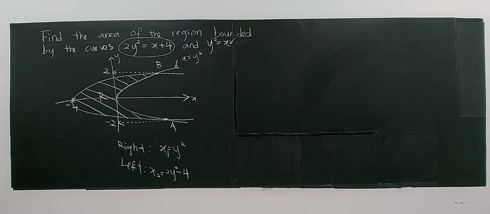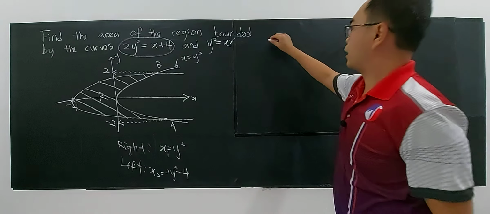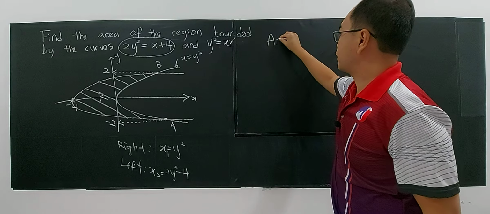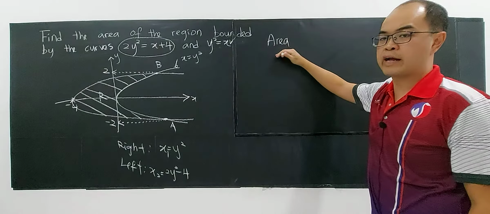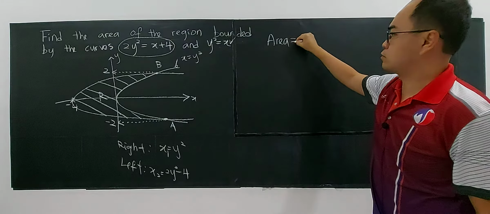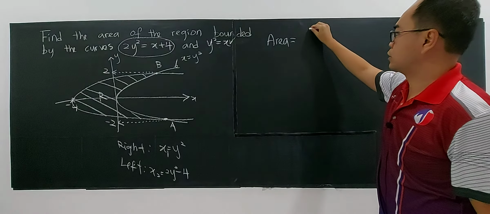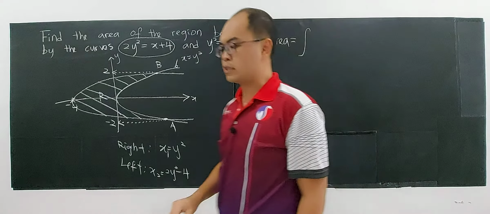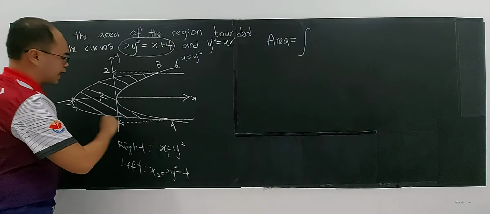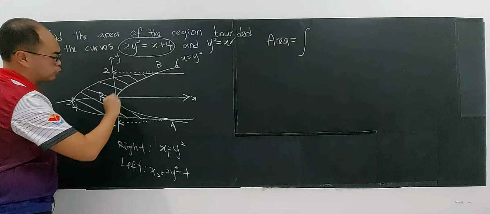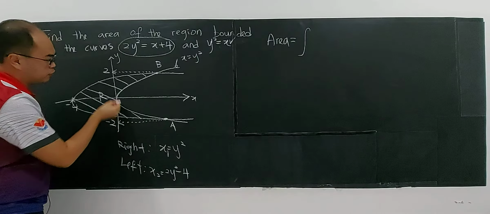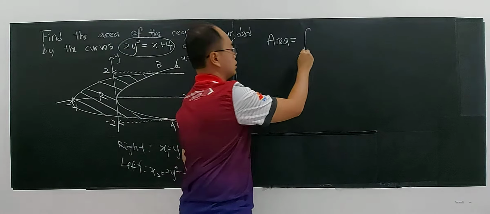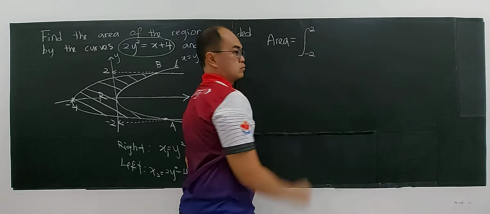All right, now I have to find the area. I talked so long because I want to define a correct integral for this region here. This region is enclosed, bounded by these two curves from -2 up to 2.